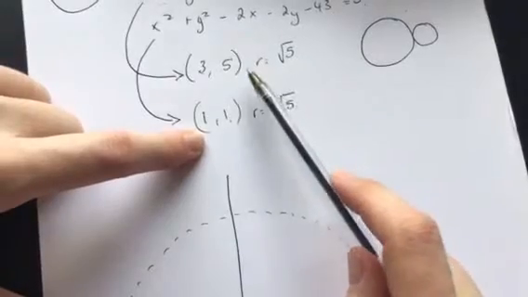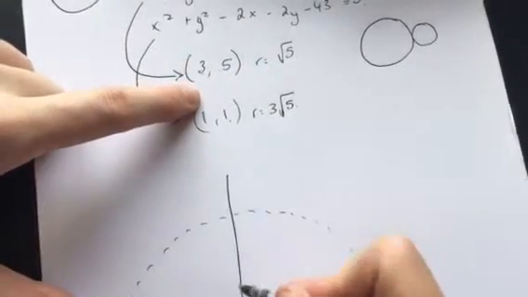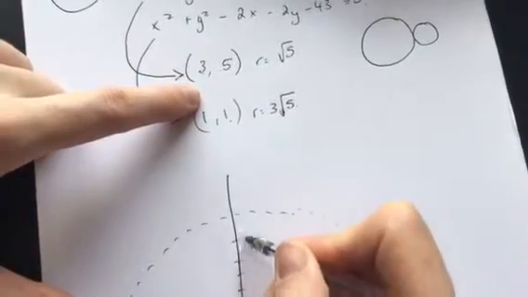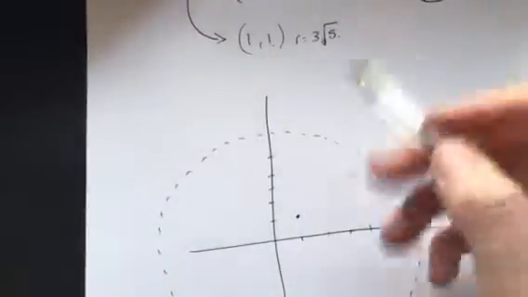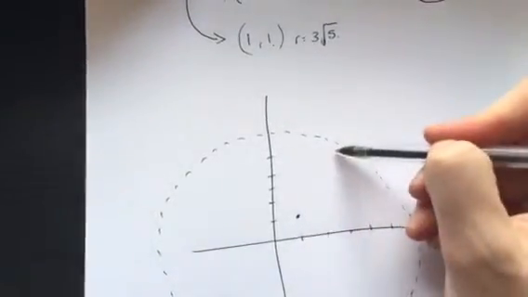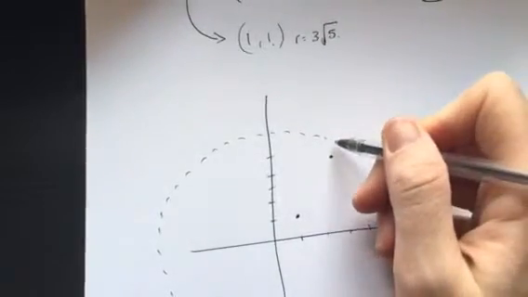And the next one here is 3, 5. I'm only sketching here, so this isn't going to look perfect. So that's 3, 5, and a radius of root 5, which is maybe 2 point something.